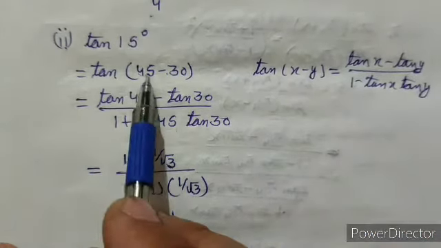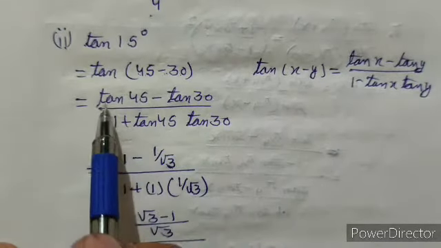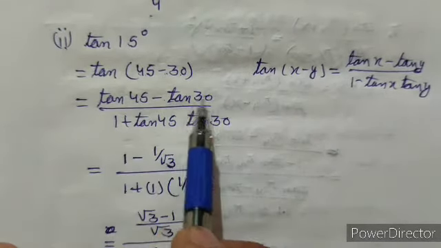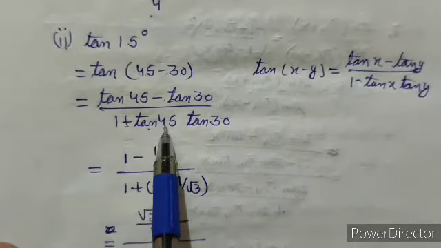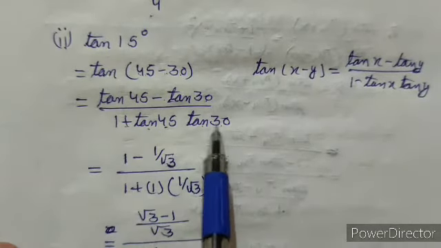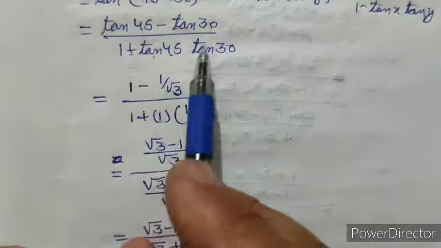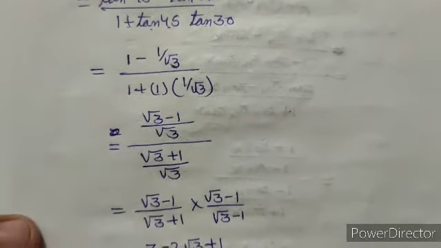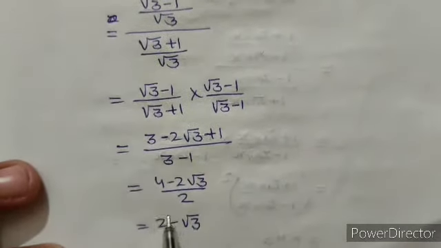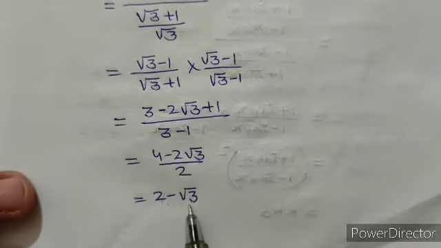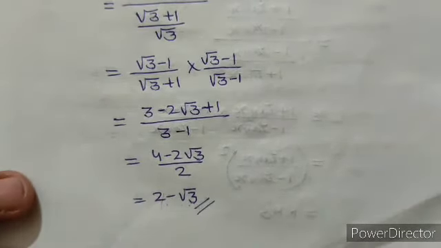So tan 45 minus 30 can be written as tan 45 minus tan 30 upon 1 plus tan 45 tan 30. Now we can put the values of tan 45 and tan 30 to find out the value of tan 15, which is coming out to be 2 minus root 3.